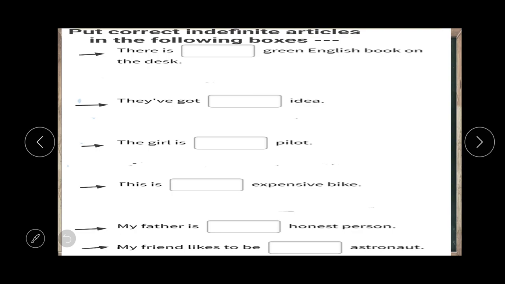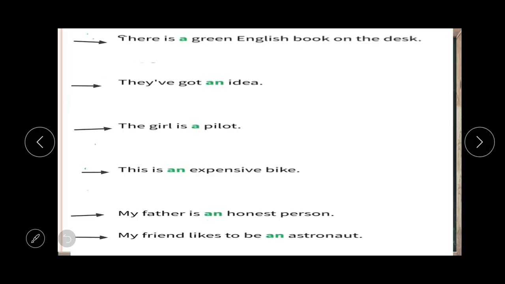You see that 6 exercises are given with some boxes, and we have to put the indefinite articles, a or an, in these boxes. So now for all of you, here I have included the answers. Let me read out the answers one by one.